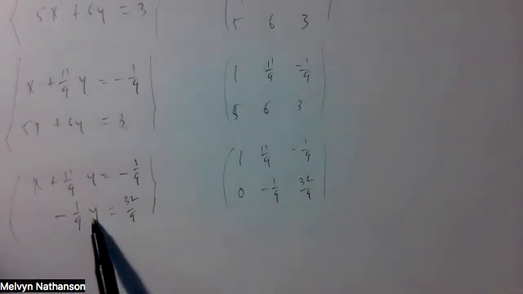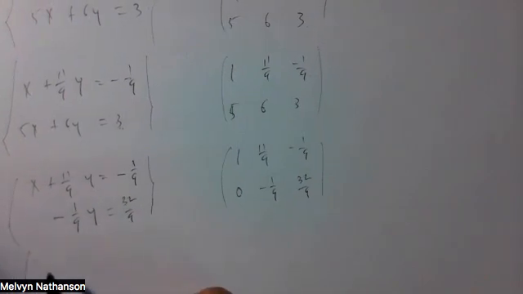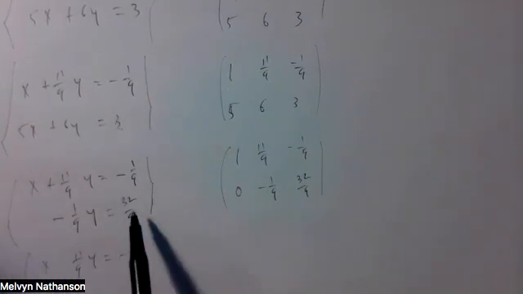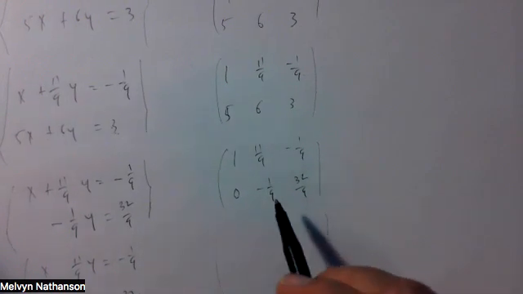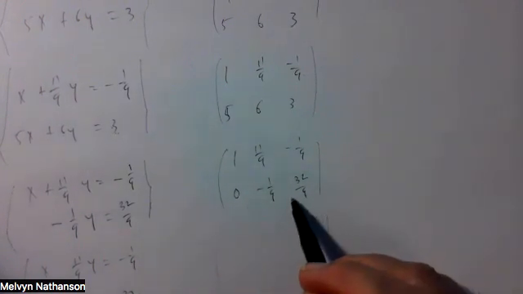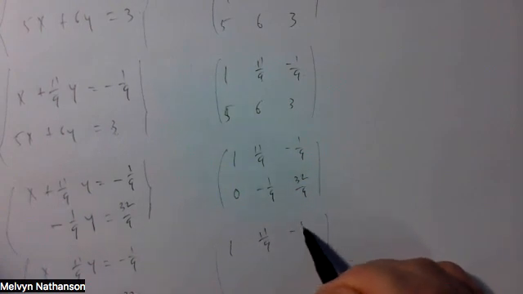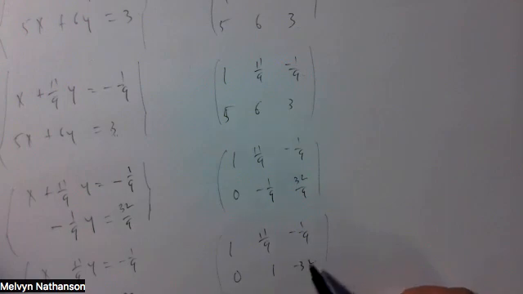I want the coefficient of y to be 1, so I just multiply this equation by minus 9. x plus 11 over 9 y equals minus 1 over 9 doesn't change. Multiply by minus 9, I get y equals minus 32. Multiply the second row of the matrix by minus 9. I'm not changing the first row, but I get 0, 1, minus 32.